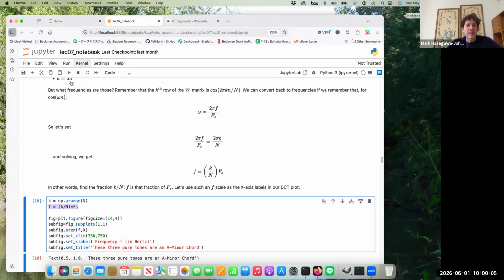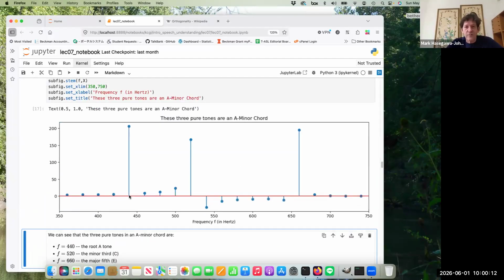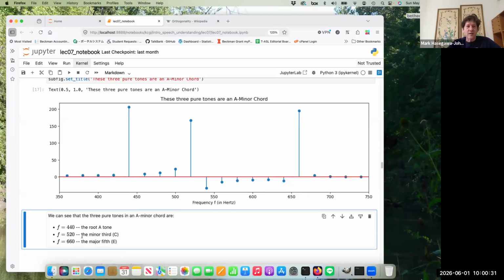Then we'll just replot that same Fourier transform, and we see that the frequencies in hertz are 440, 520, and 660. So here's the A note at 440, here's the C note at 520, and here's the E note at 660. And so now we know exactly which frequencies those are.